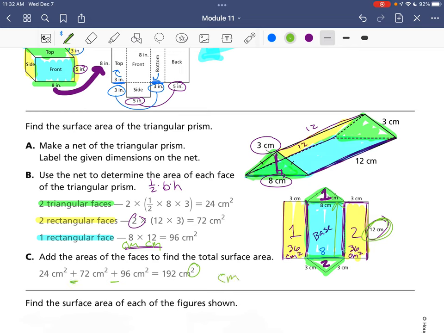So we're not going to end up with centimeters to the 6th power. None of that. We're just adding the area of each piece. Our 2 triangles and 3 rectangular faces. Add those all together, and we get a total of 192 centimeters squared. Put it in a box, and that is your final answer.